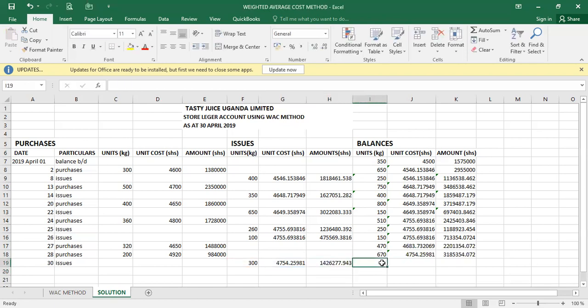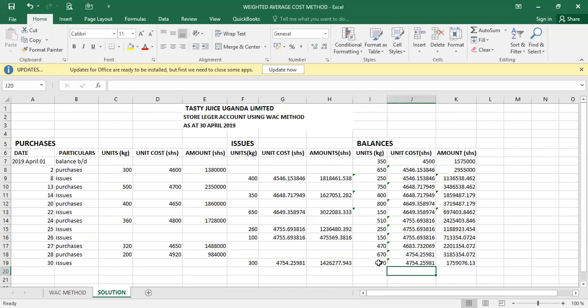Then we also reduce our stock to be this minus this. It will give us that, and our total cost will be this minus this, which will give us that, and we can get our unit cost as this divided by this.